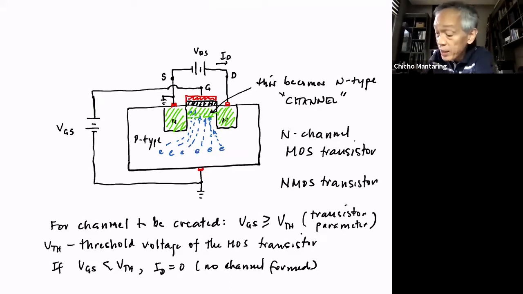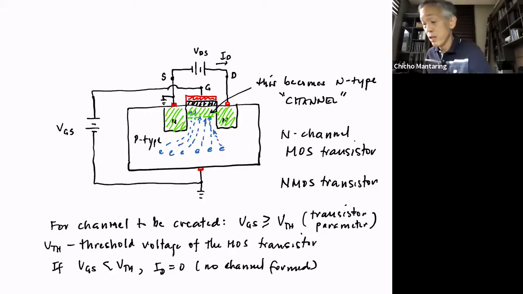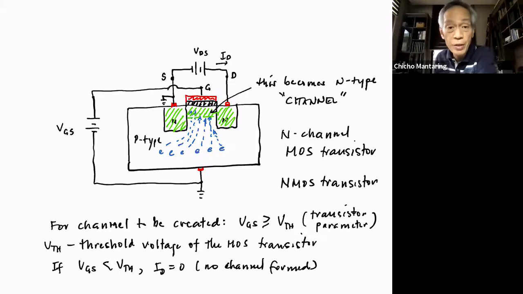If VGS is less than VTH, there's no channel that will be formed, and your current is going to be equal to 0. Okay, any questions so far? So very qualitatively, that's how the MOS transistor works. In other words, you can get current to flow only if you apply a gate to source voltage.